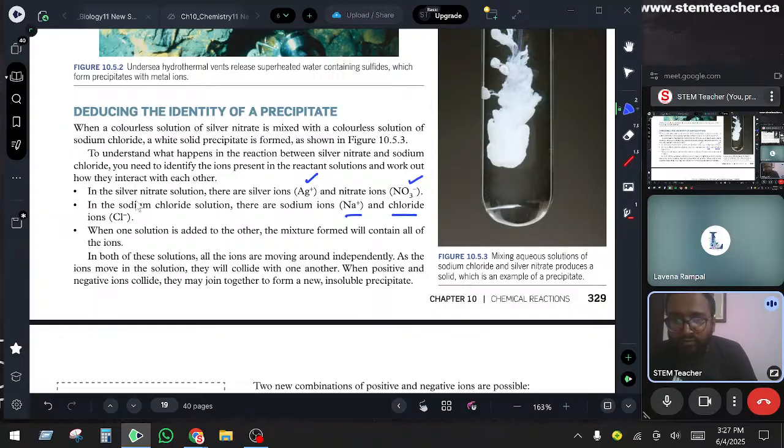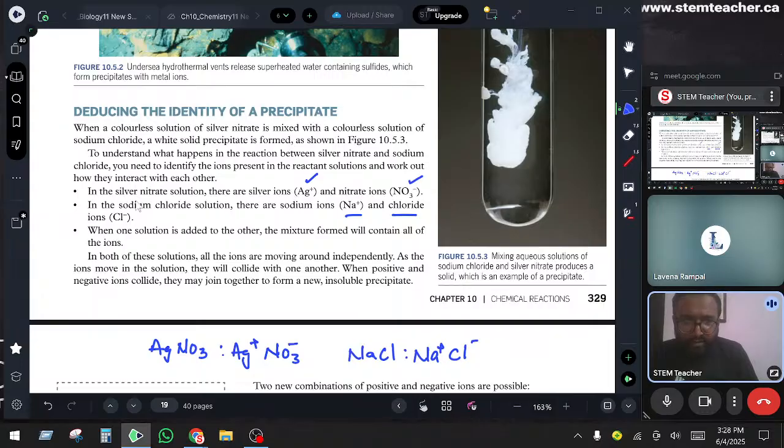When one solution is added to the other, the mixture formed will contain all of these ions. Normally we write AgNO3, so ionically it is Ag+ and NO3-. Similarly, NaCl, sodium chloride, is nothing but salt, so this is Na+ and Cl-.